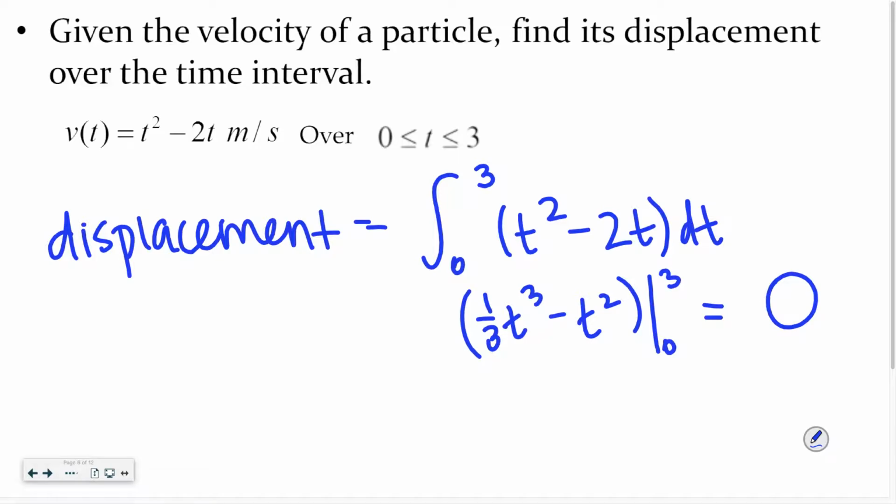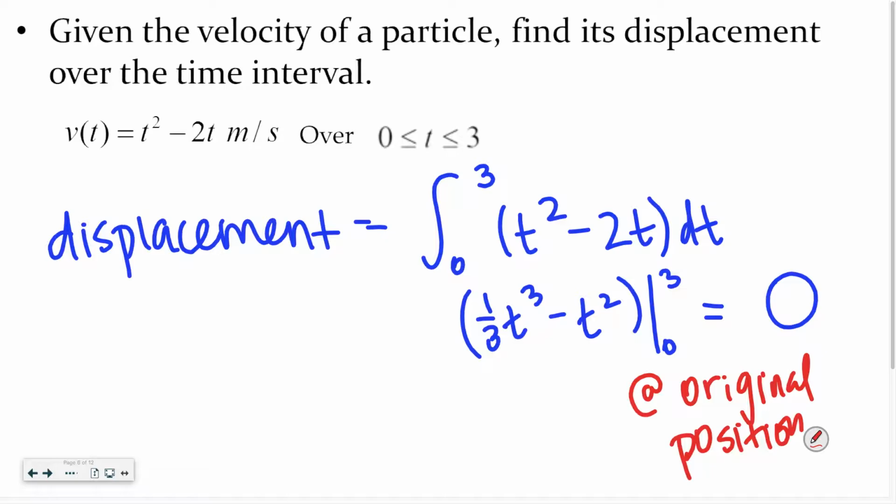Okay. All right, so Turner, what does it mean? So if displacement is 0, we don't know if this guy started at the origin or not, but whatever happened between 0 and 3, we came back to the original position. So we're back to the position that we had at time 0.